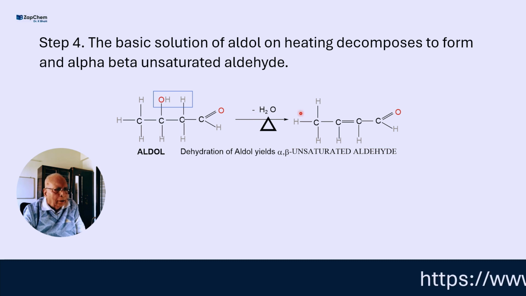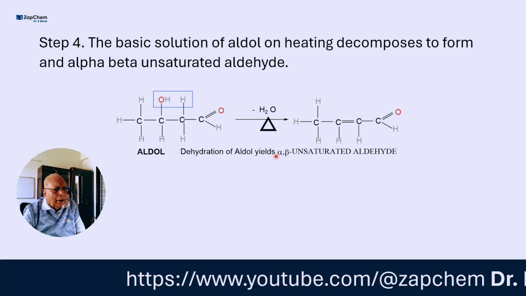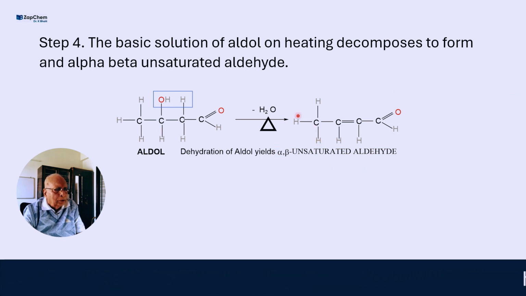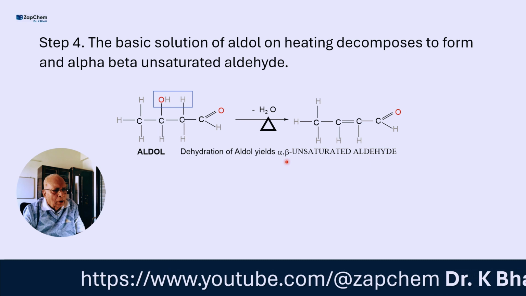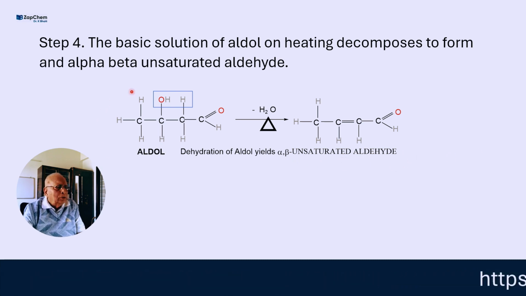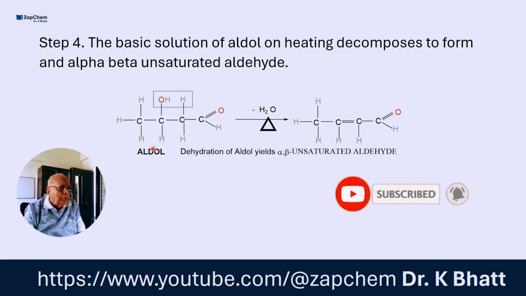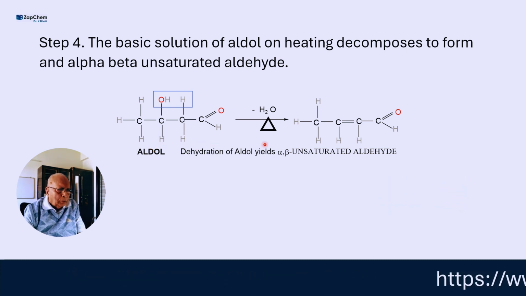Water is eliminated, and you get a final product which is the result of dehydration of aldol. It forms an alpha beta unsaturated aldehyde. Well, this is a very simple and easy way to learn the mechanism of aldol condensation through a simple four step process.